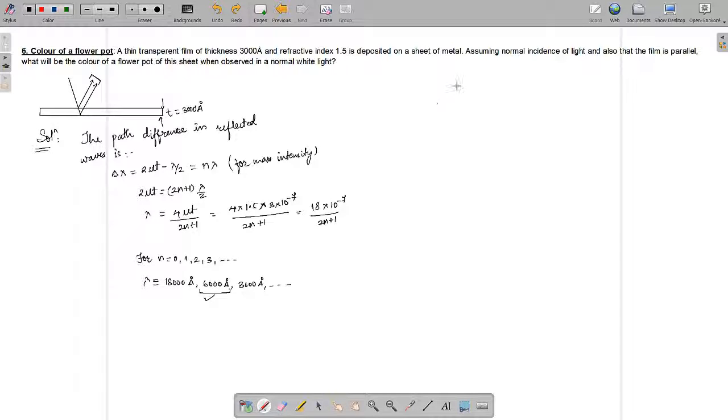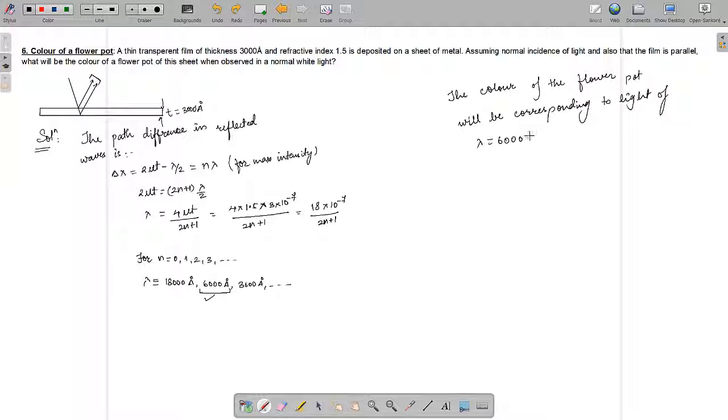So we can say the color of the flower pot will be corresponding to the light of wavelength equal to 6000 angstroms.